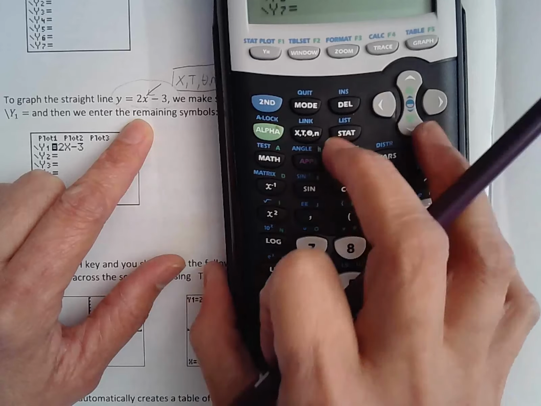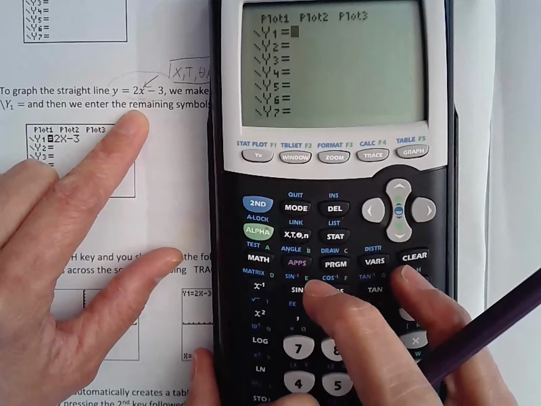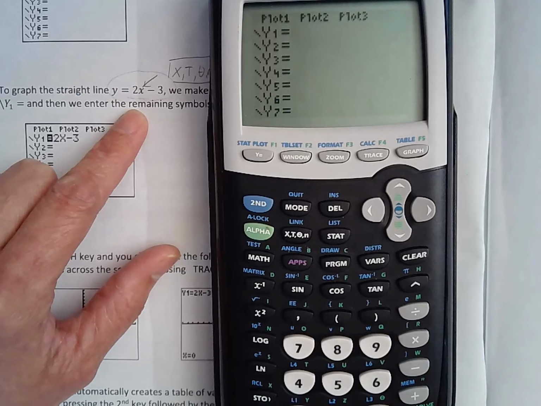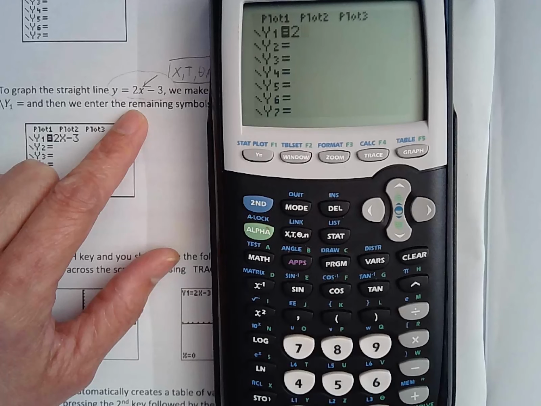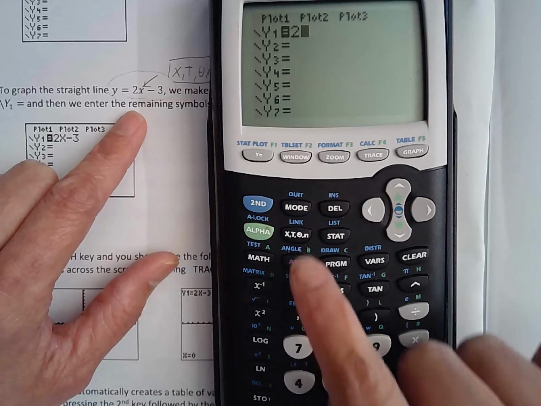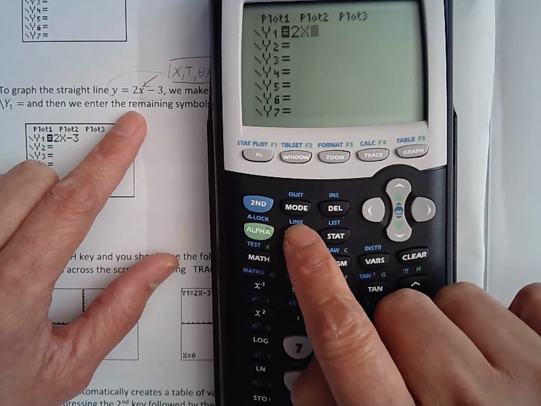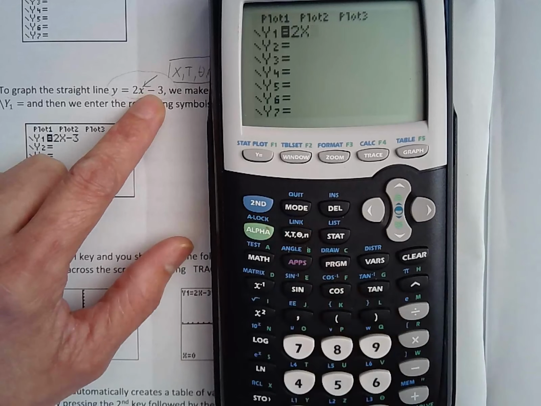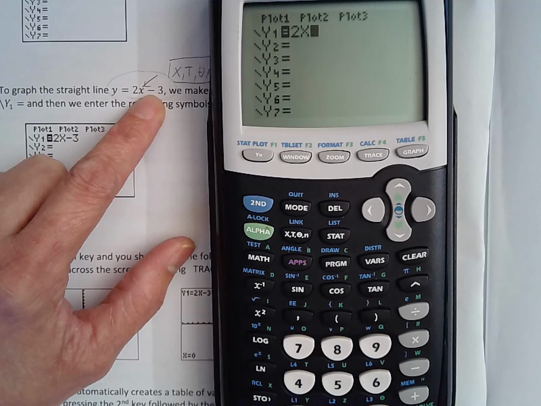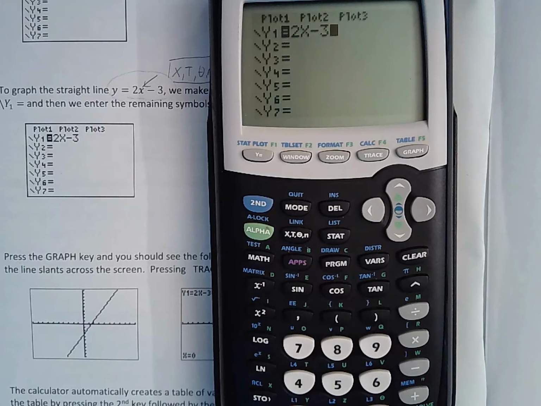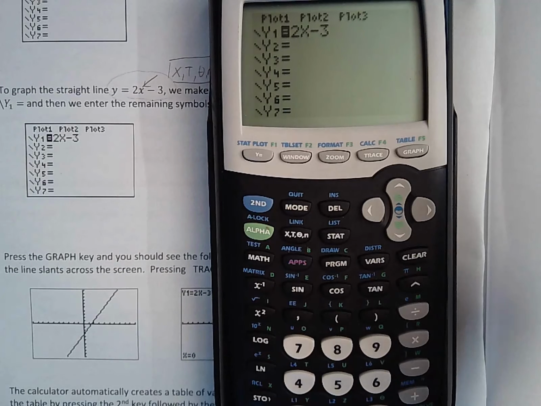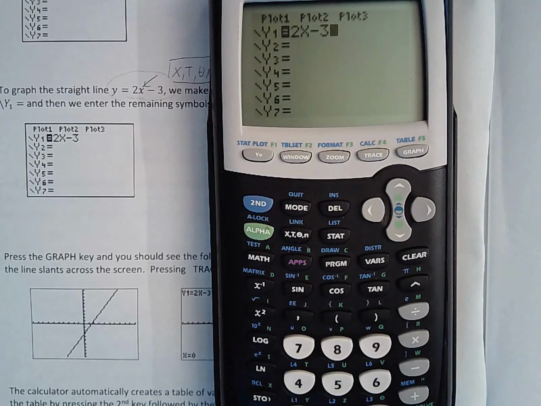So it's going to be 2, then the x, and then minus 3. So we're going to type in the minus 3. 2x minus 3. Is everybody at this stage? Okay. So we've entered our equation.